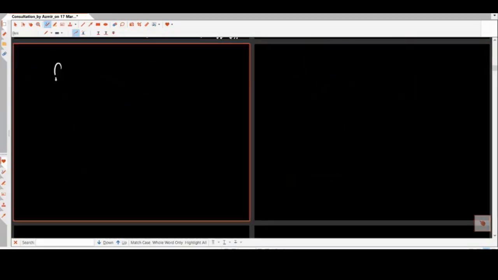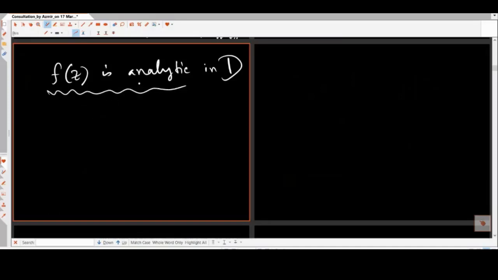Suppose a function f of z is analytic in any domain D. If the function is analytic throughout the domain D, then that function is also called a holomorphic function.